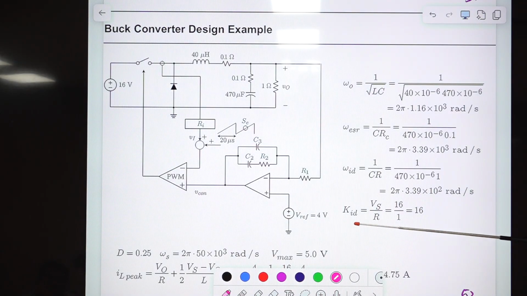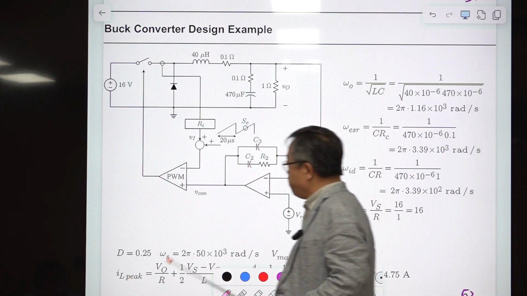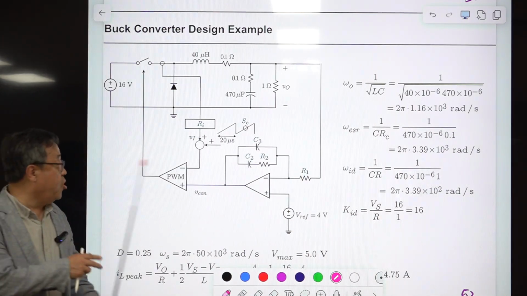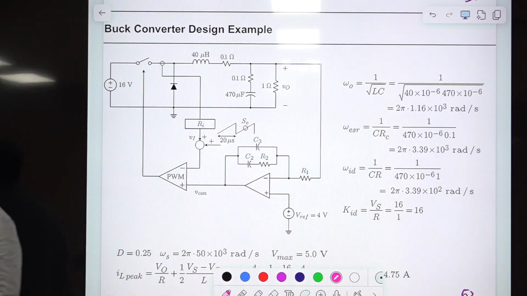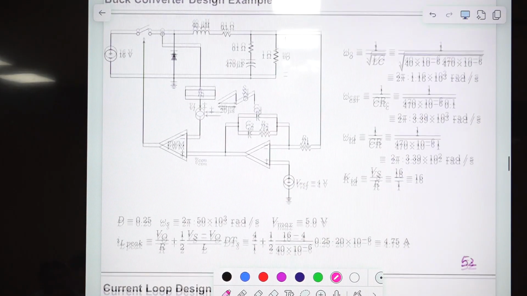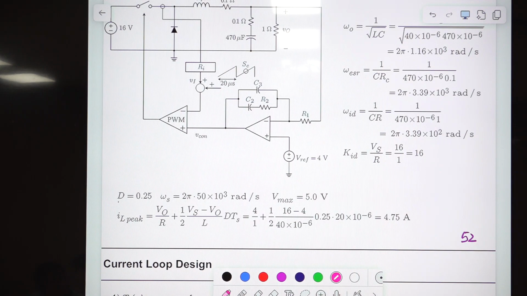And the K_ID is the DC gain of that transfer function, the duty ratio to inductor current transfer function. Because we don't have any resistor, our output is regulated at 4 volt. So duty ratio is this one, and the switching frequency is 50 kilohertz.